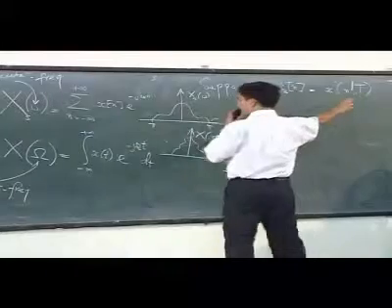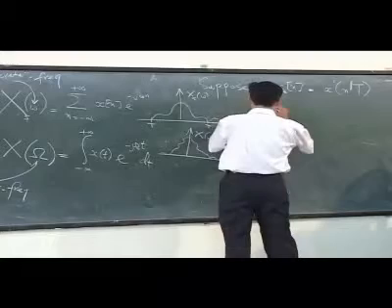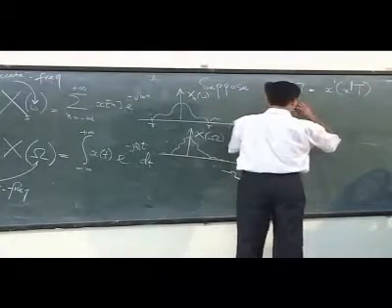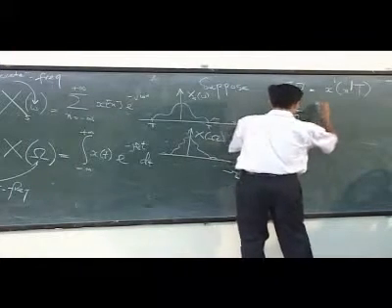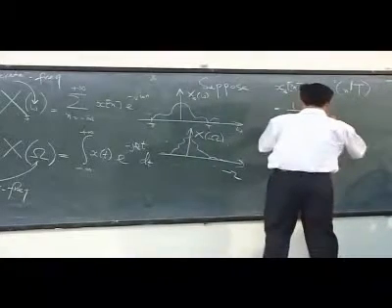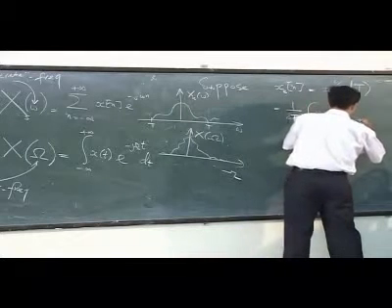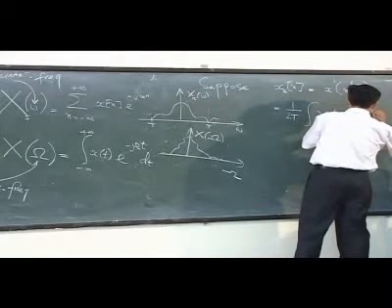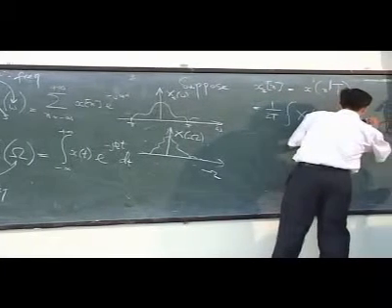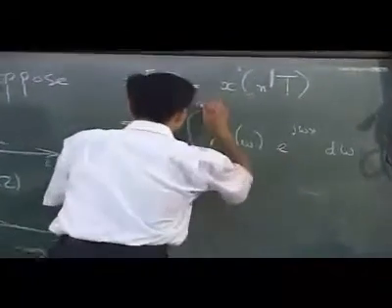So suppose that we have this thing here, we know that it is equal to 1 over 2 pi, the integral of X of omega, sampled omega, e to the j omega n d omega, and this one goes from minus pi to pi.